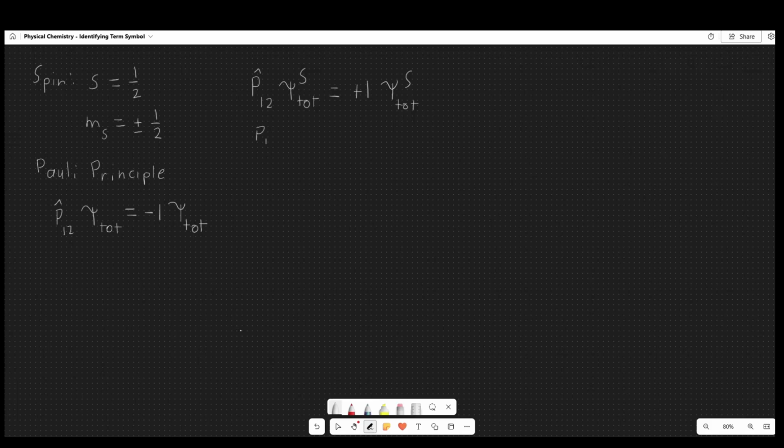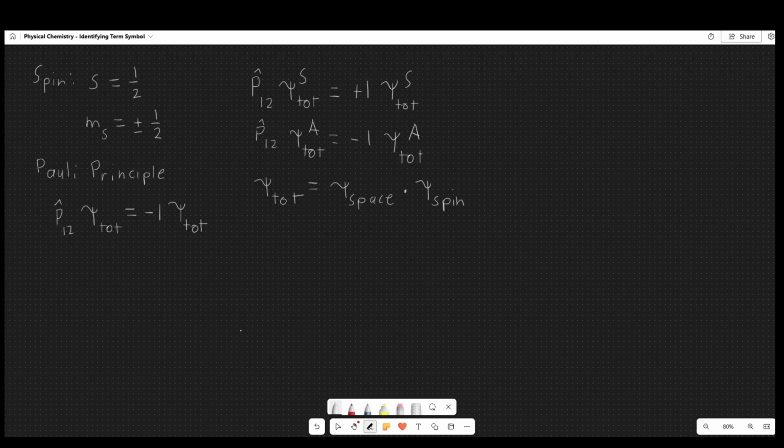If it was antisymmetric, then we have negative psi tot. So according to the Pauli principle, the wave function psi tot must be antisymmetric, and it's also equivalent to psi space times psi spin.